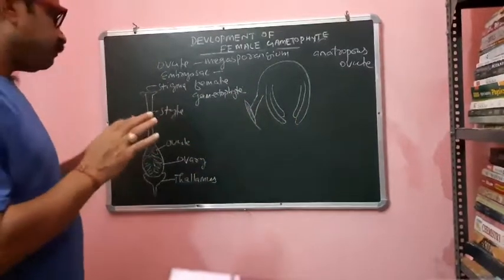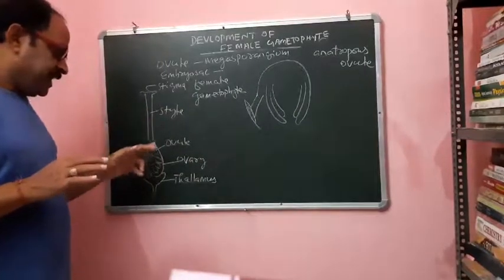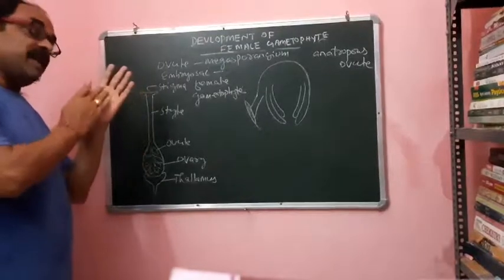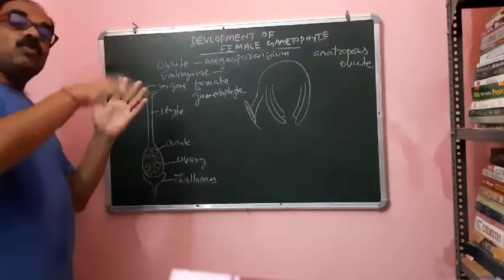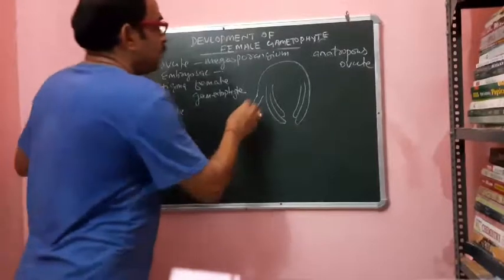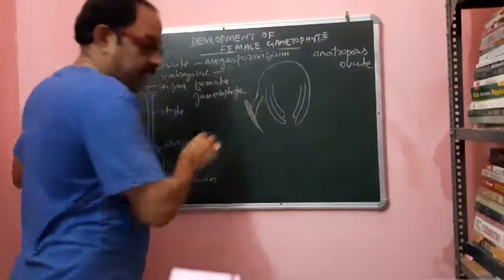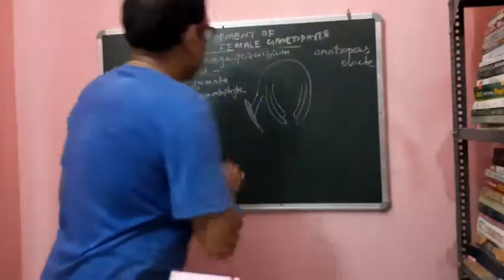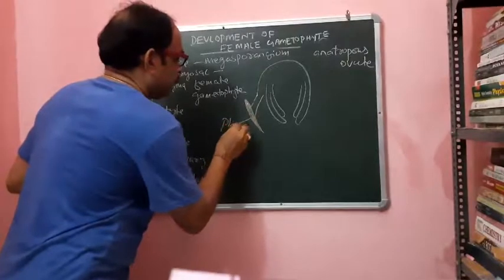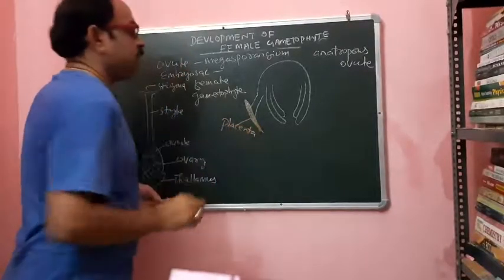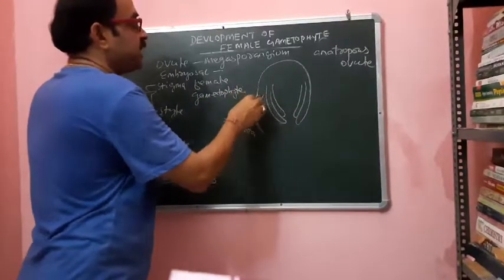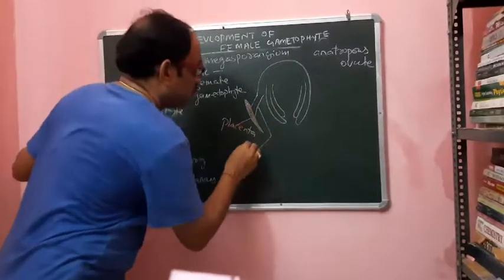The ovules are present inside the ovary, and the ovule is attached to the placenta, and the mode of arrangement of ovules in placenta is called placentation. So this is called placenta. The stalk by which the ovule is joined to the placenta is called funicle.